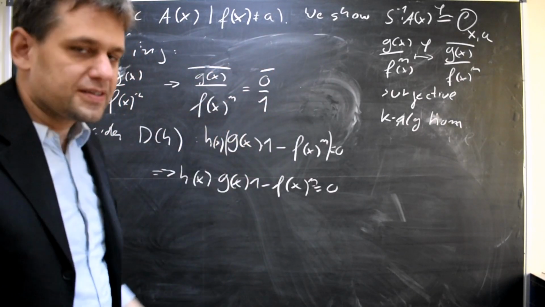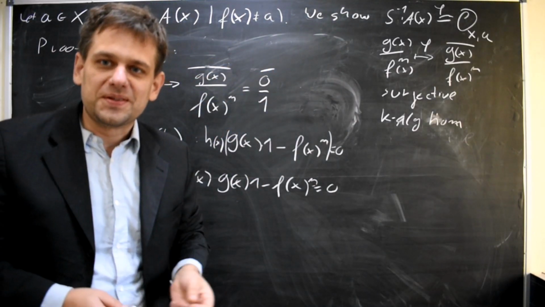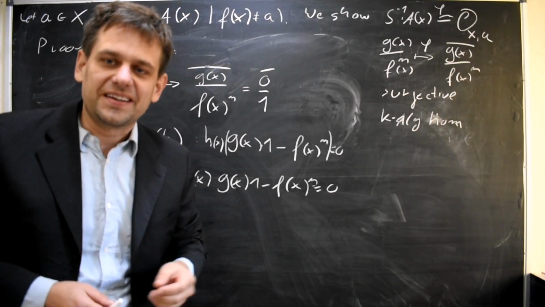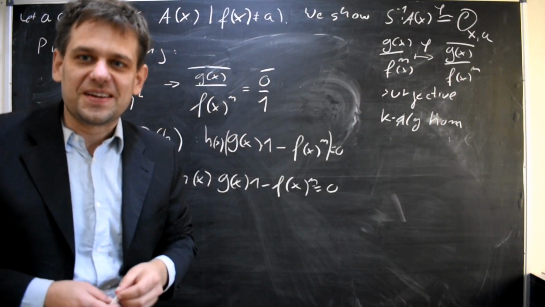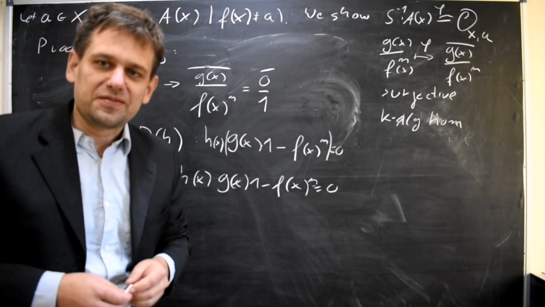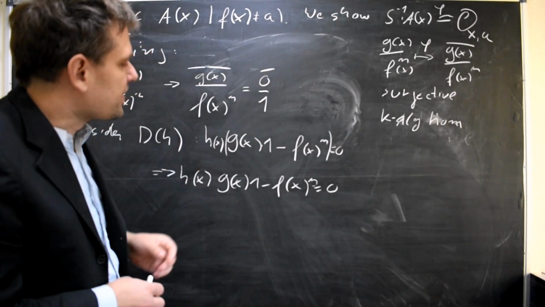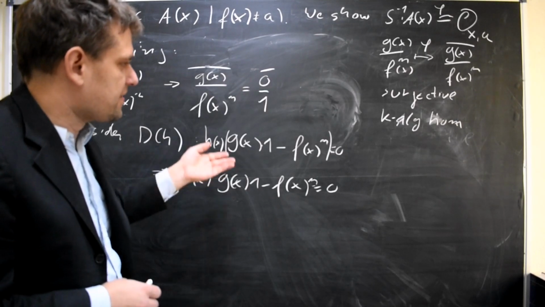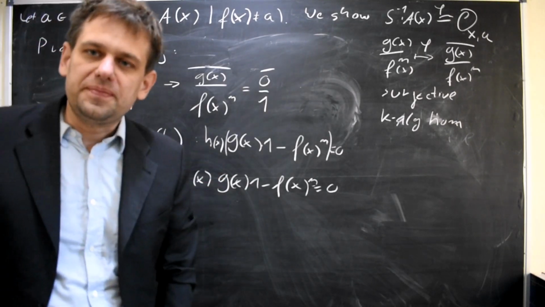So assuming that an element gets mapped to 0, we have concluded that it is in the same equivalence class. It is a representative of the 0 element, and thus we have shown injectivity.